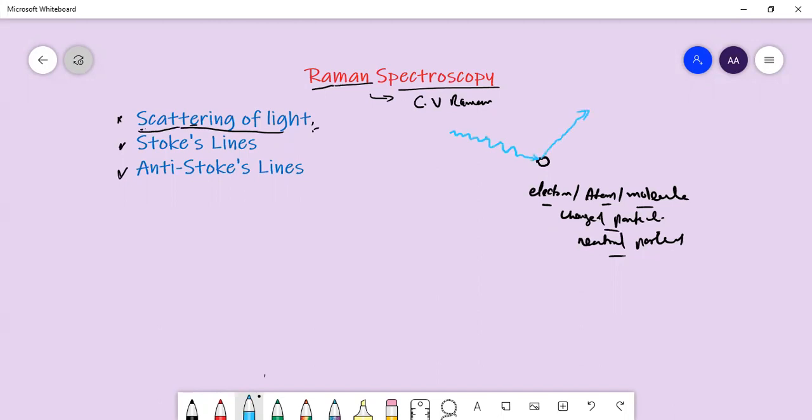But there are certain conditions: the light with a certain amount of energy strikes these particles. After the interaction, the light can scatter with a different amount of energy depending upon the nature of the particles, or depending upon the interaction of the electromagnetic radiation with these particles.